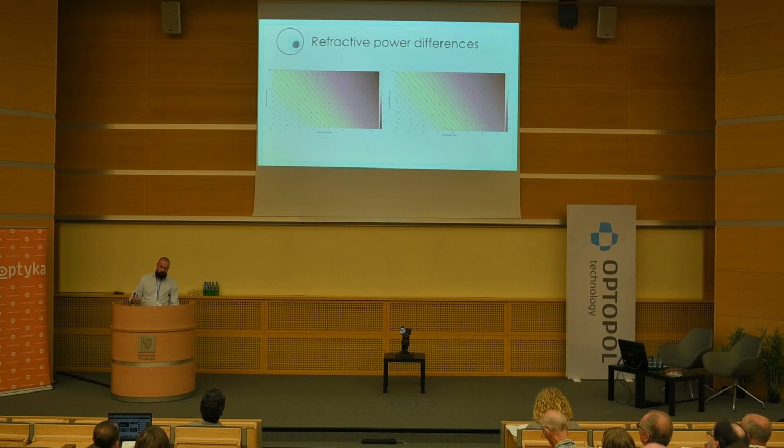So the first thing I need to tell you about is refractive power differences. Here we've got the same eye model, Goncharov and Dainty, but for two different crystalline lens powers. And you can see that the maps are different. For example, just in this place, it's around 3 diopters of difference. This corresponds to the difference in the total eye power.